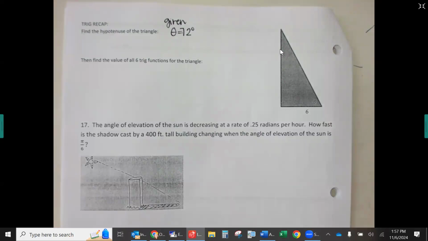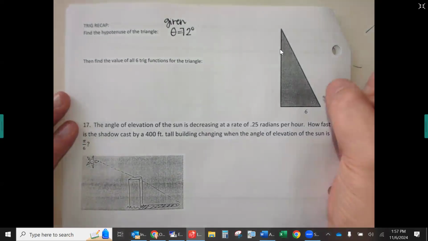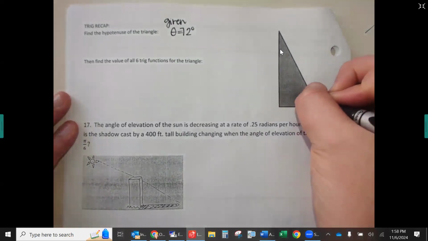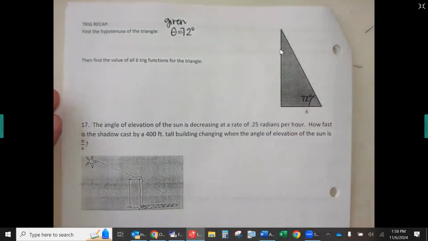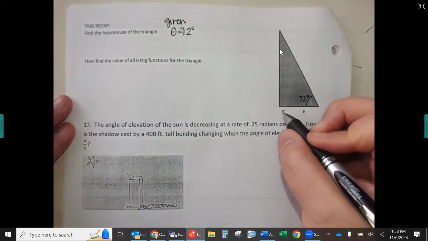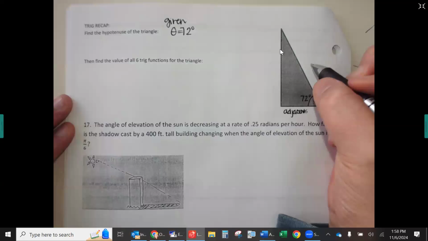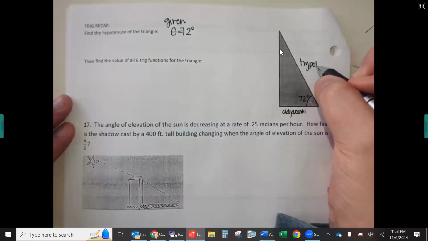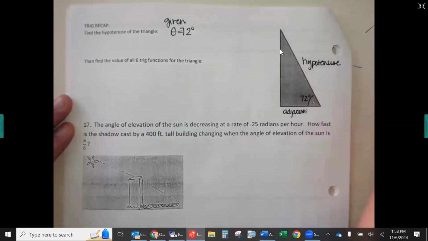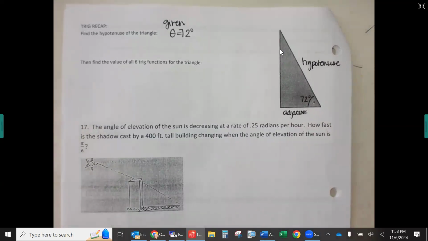This is more pre-cal that you should know. Okay, but it's okay that it's been a while. So if this is a 72-degree angle, I want you to think about which side is 6. Is it the opposite, the adjacent, or the hypotenuse? This is the adjacent, which means that if I'm looking for the hypotenuse, do I want to start with soh, cah, or toa if I want this and this to be in the same equation?